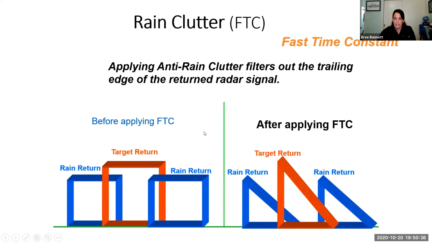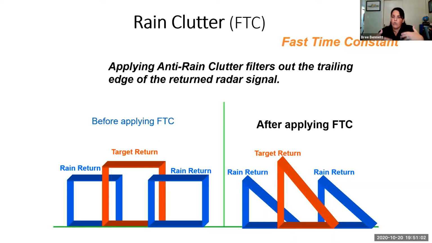Okay, so rain clutter. If there is a squall ahead of us, meaning a rainstorm, the electronic pulses that go out get reflected back to us, right? That water is reflecting back those electromagnetic pulses.